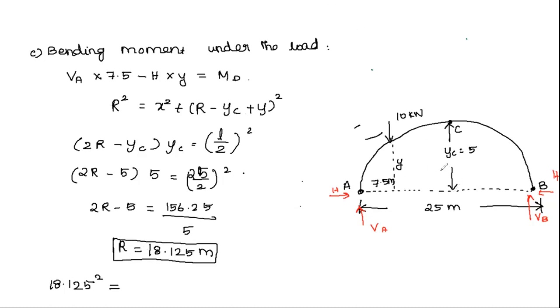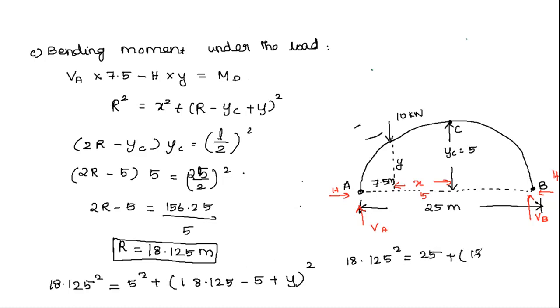The x value is taken from this center, so this is the x. 12.5 minus 7.5 is 5, which is equal to 5 square plus capital R, 18.125, minus yc, 5, plus y square, which is 13.125 plus y the whole square.